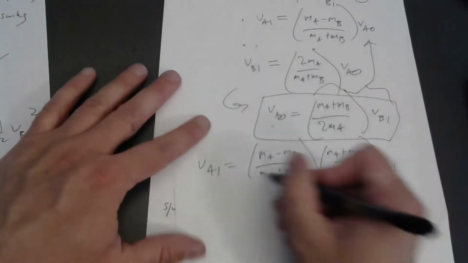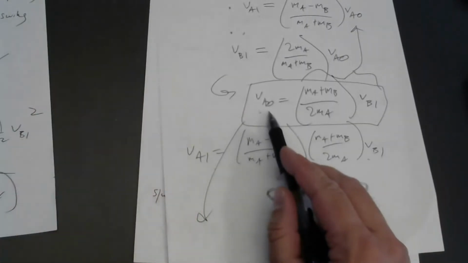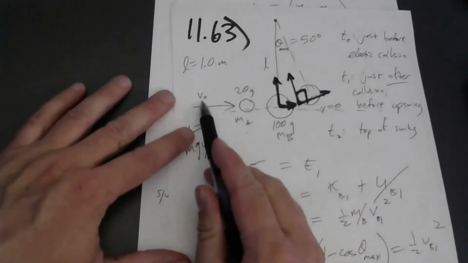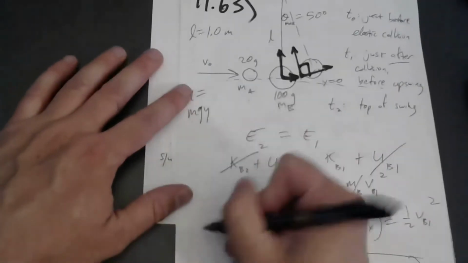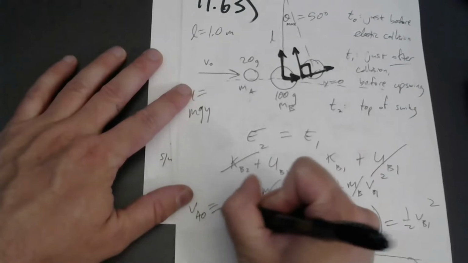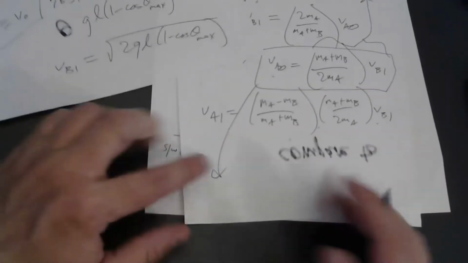So we can evaluate this now. This is how fast the little ball was moving on the way in, but that is what was just called V naught. Your book didn't label it VA naught. I'm the one who introduced the letter A to distinguish the mass, but VA0 is the same as what they call V naught. So let's solve.